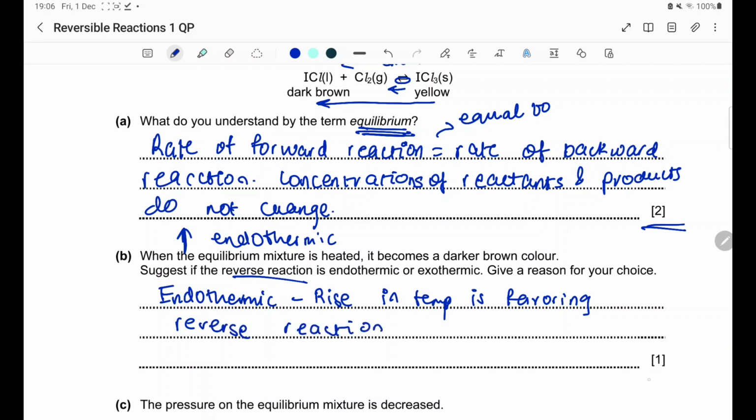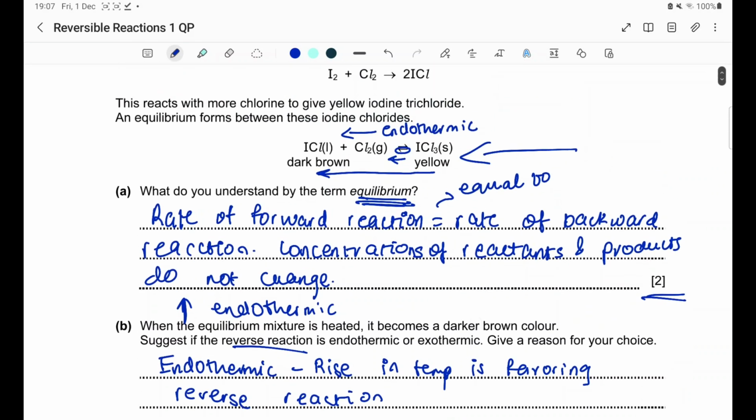So that will give you your complete 1 mark because they asked you to suggest and give the reason. So it is endothermic, and the reverse reaction, the reaction going this side, is endothermic because the rise in temperature is favoring that side. Because an increase in temperature increases endothermic reaction. And here the heated one is going and making the brown color.